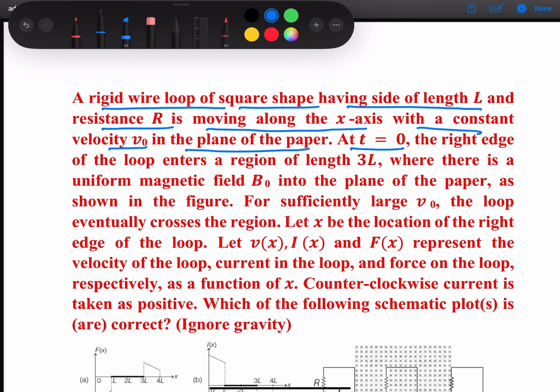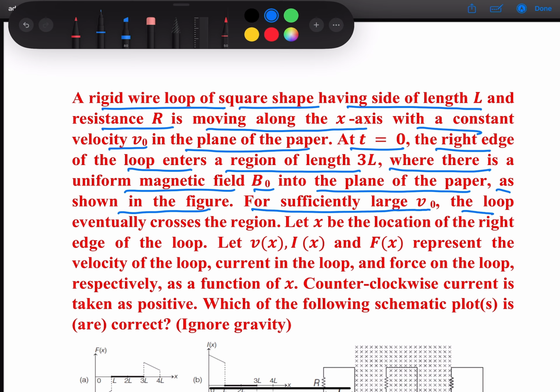At t equal to 0, the right edge of the loop enters a region of length 3L where there is a uniform magnetic field B0 into the plane of the paper, as shown in the figure. For sufficiently large v0, the loop eventually crosses the region.